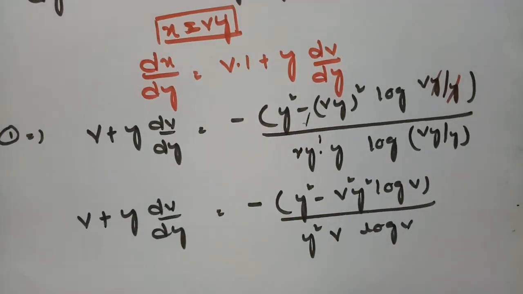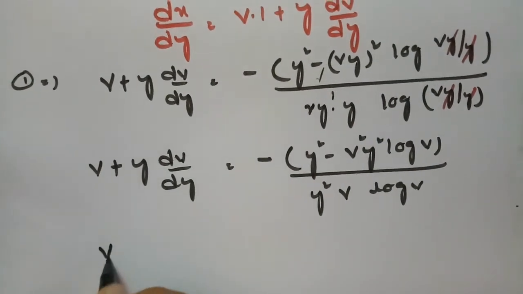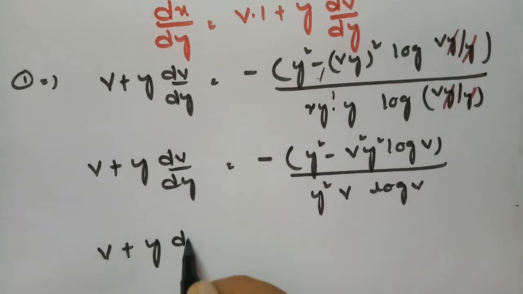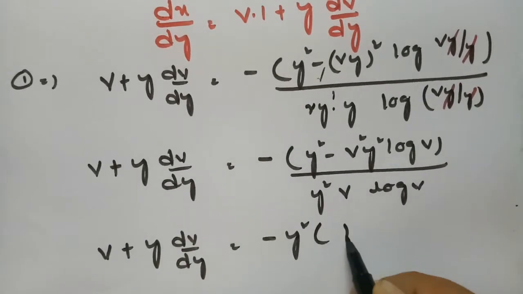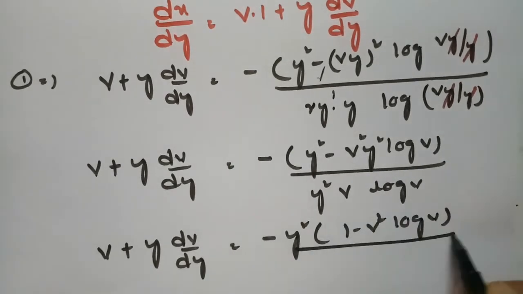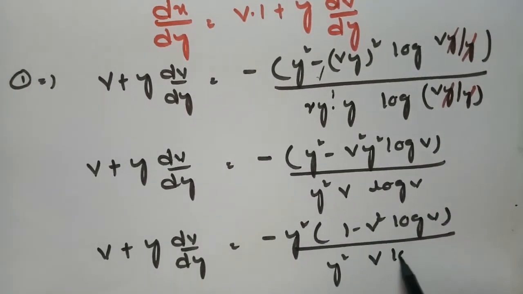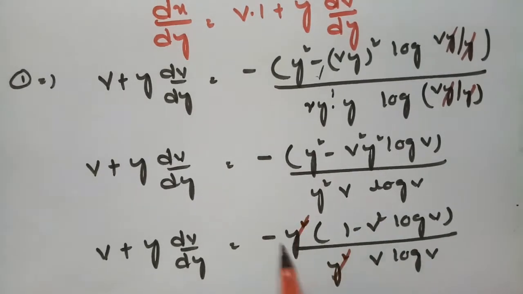So I can cancel this y square. Now if I take y square common, that is v plus y into dv by dy is equal to, if I take y square common, this will be 1 minus v square log v by y square and this is v log v. Now I can cancel this v square.